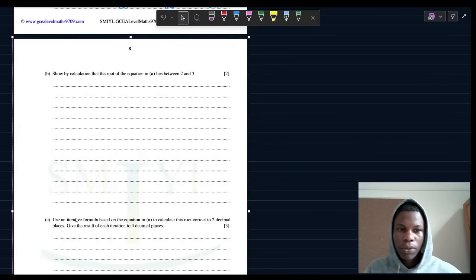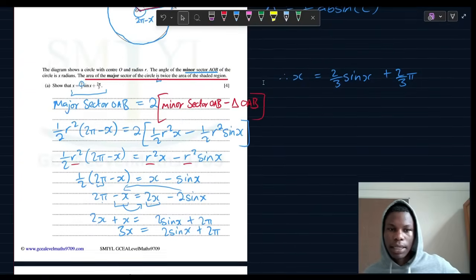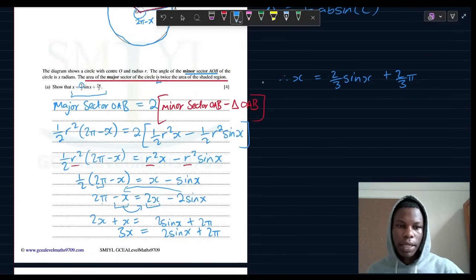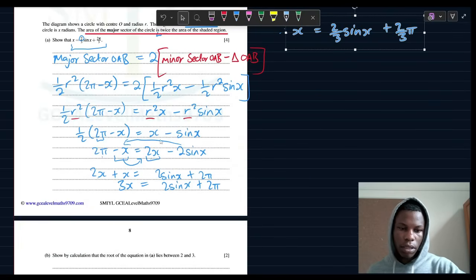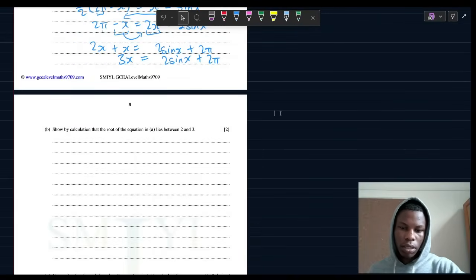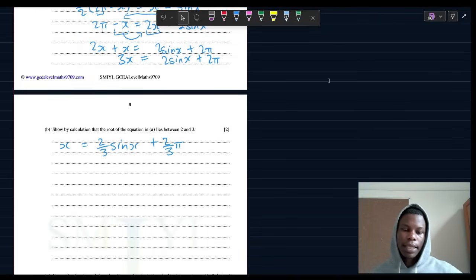Part B. Show by calculation that the root of the equation in A lies between 2 and 3. So by equation in A, they mean that equation there. So let's just copy that down. So they're saying that the root or the solution to this equation lies between 2 and 3.